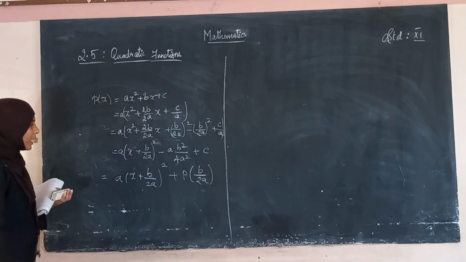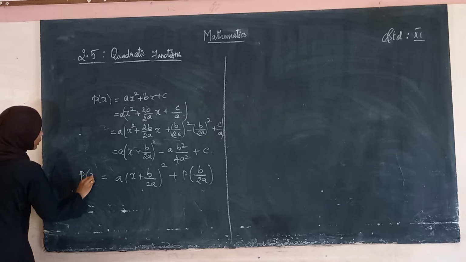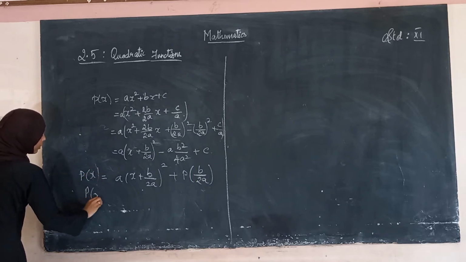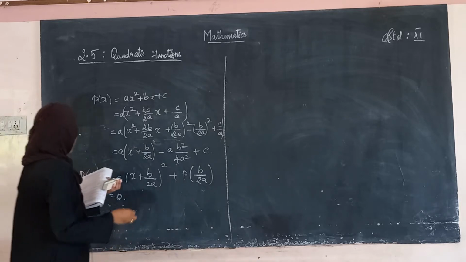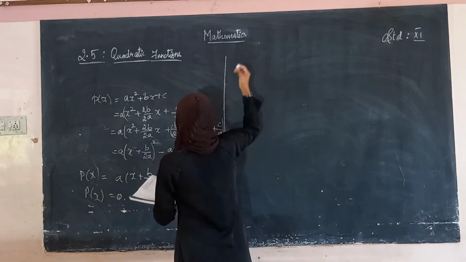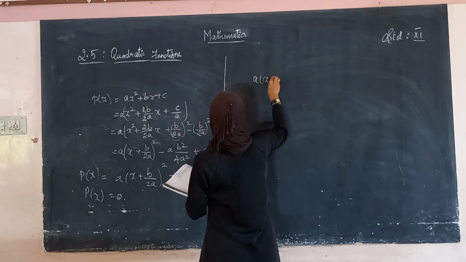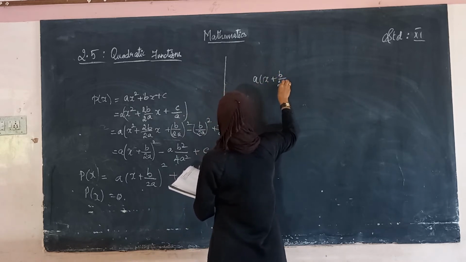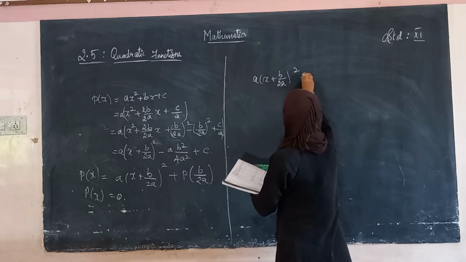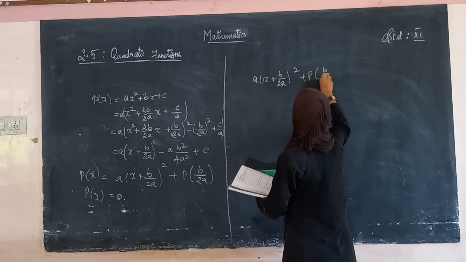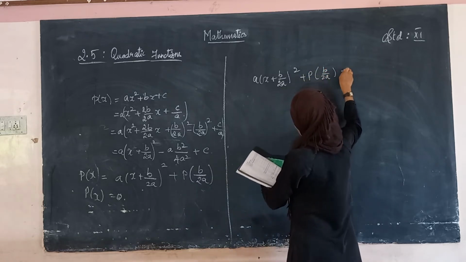If we put p of x is equal to 0, then we get a into x plus b divided by 2a the whole square plus p of b divided by 2a is equal to 0.